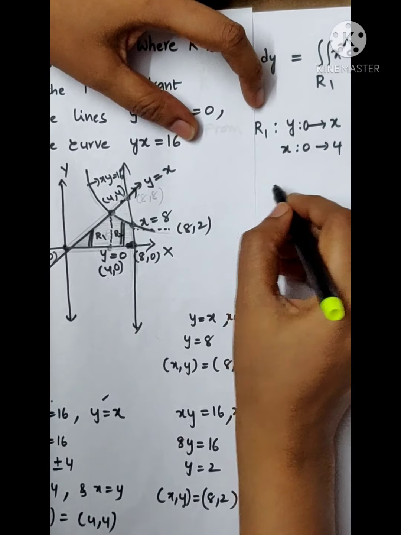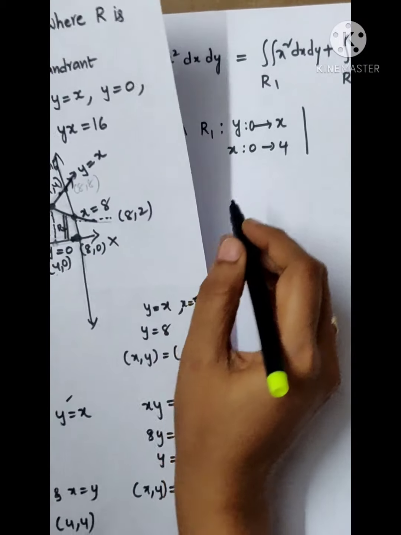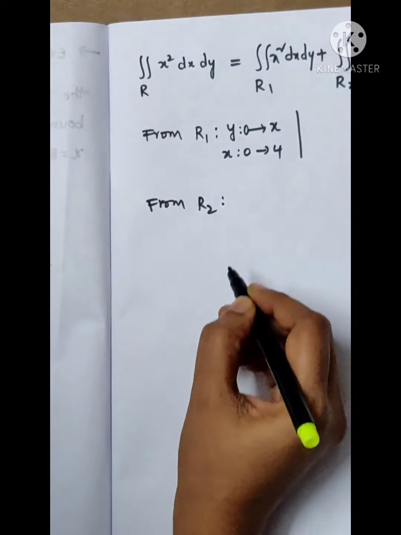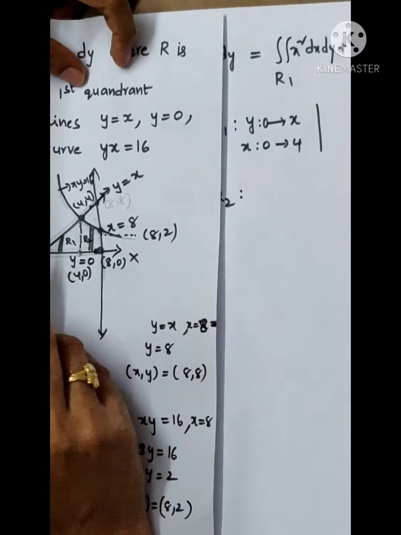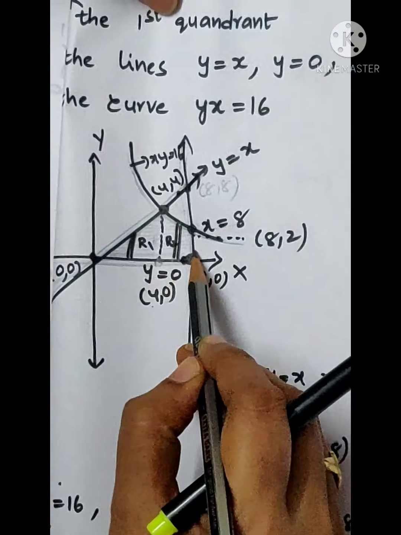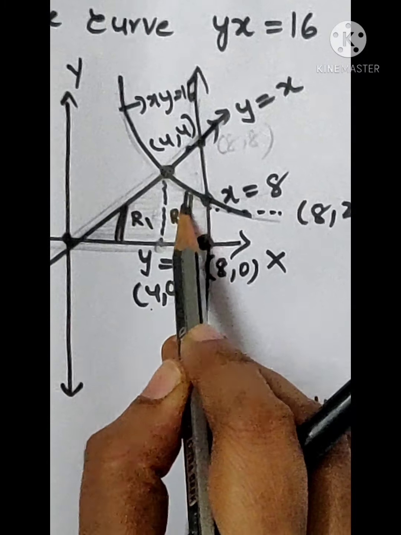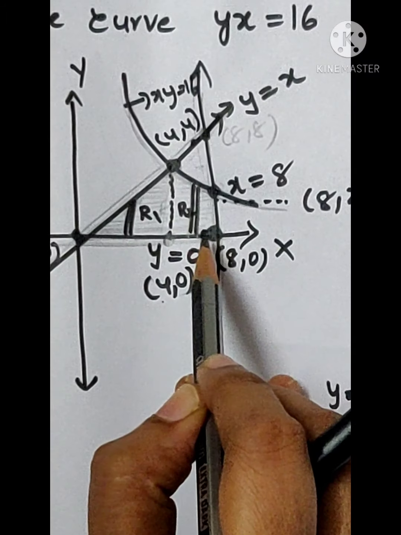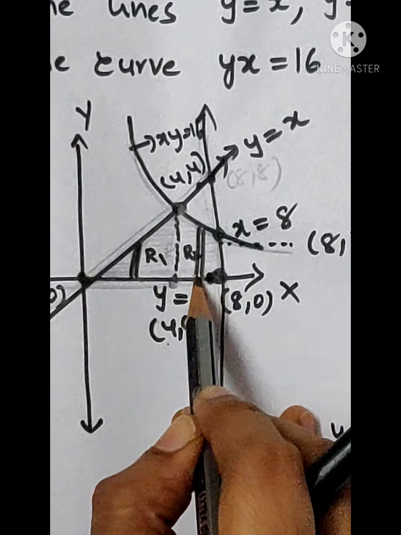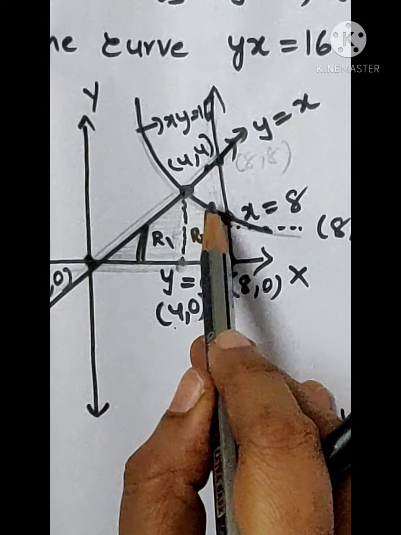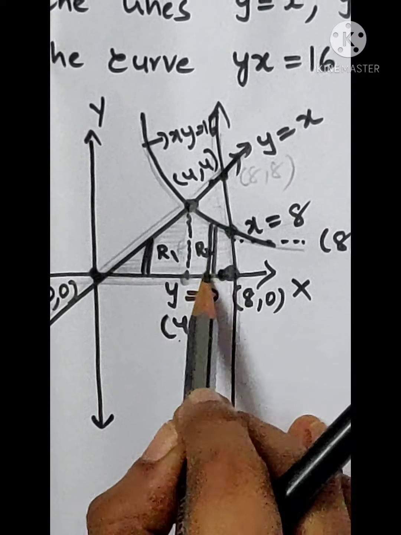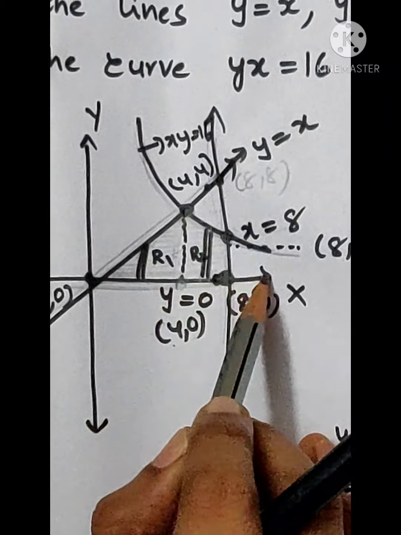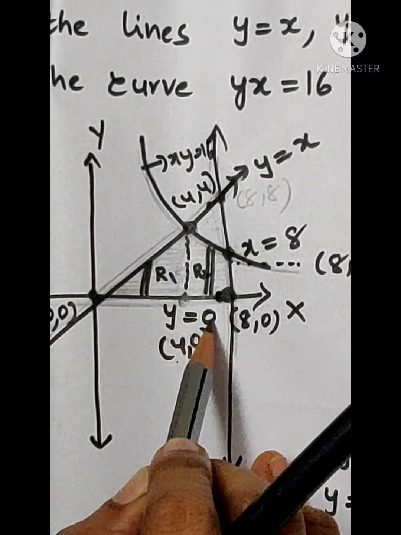Now for R2, this is the R2 region. In the R2 region, by considering the vertical strip, you will get y limits in terms of the variables by observing the end points of the vertical strip where it passes. The first end of the vertical strip touches the x-axis. The x-axis equation is y equal to 0.